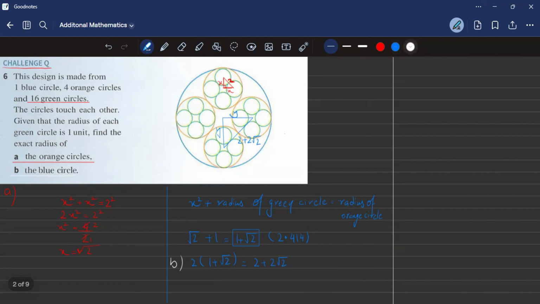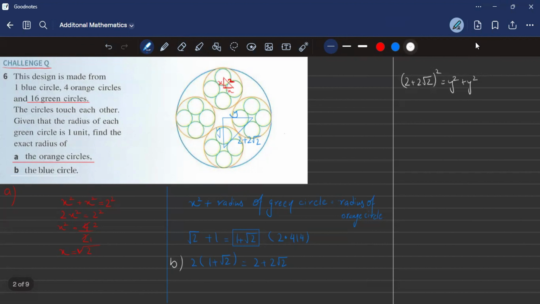Now we are going to simply solve this. 2 plus 2 under root 2 whole squared should be equal to y squared plus y squared. First of all, we are going to simplify this. Open this bracket up.